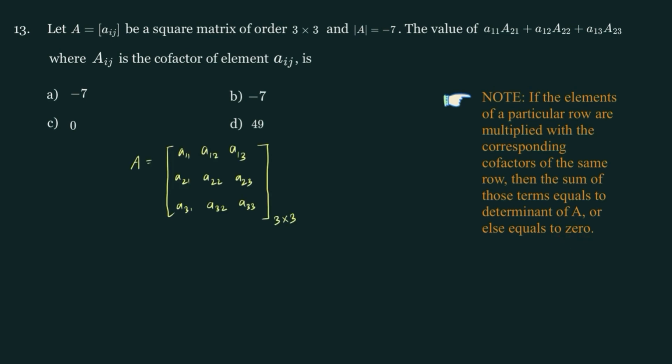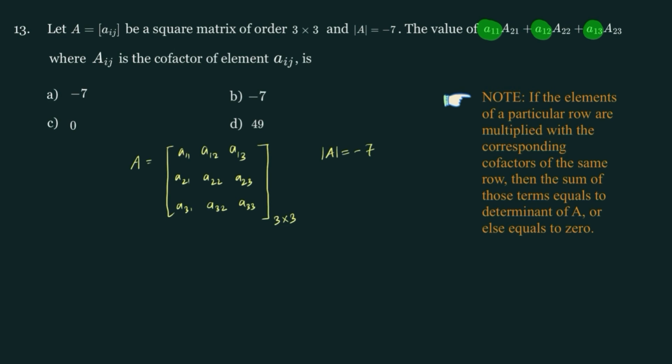Here's a matrix A of order 3 by 3, and it's given that determinant of A equals -7. Now we have to find the value of a11 times the cofactor of a21, plus a12 times the cofactor of a22, plus a13 times the cofactor of a23.